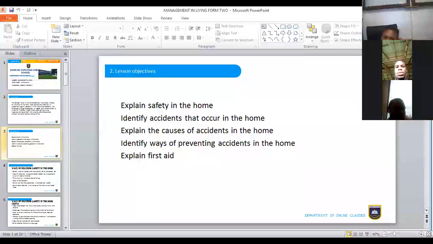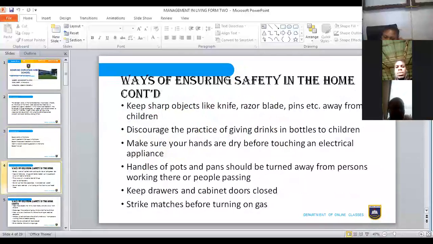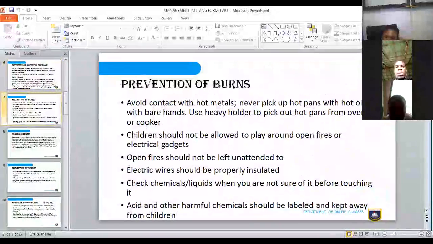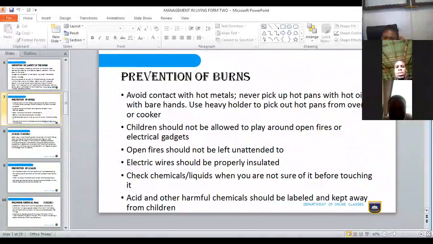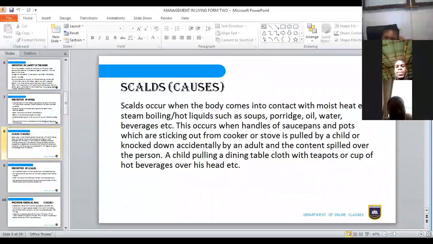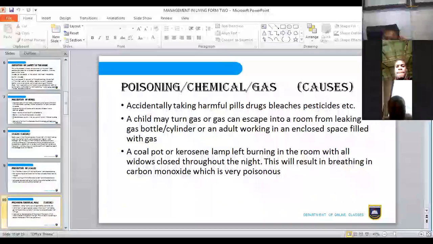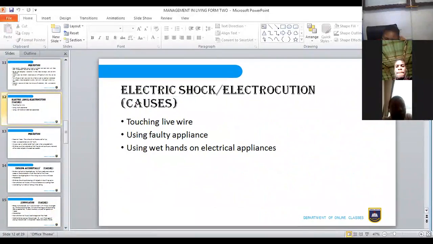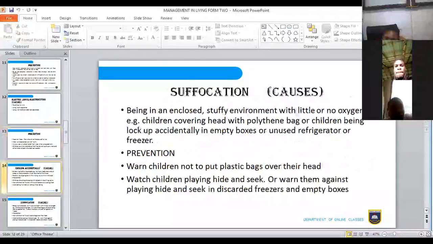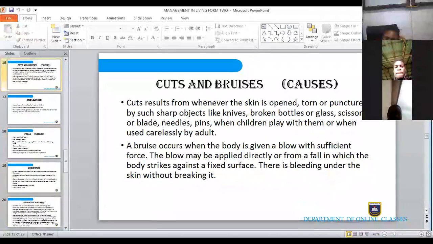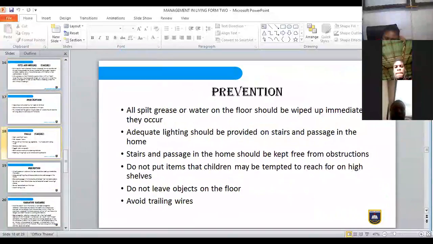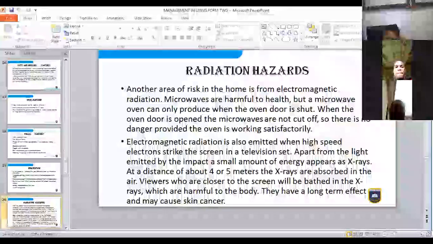So it is, just as you have said, the immediate treatment that is given to an injured person before the arrival of a health expert or a doctor or whoever will do that.